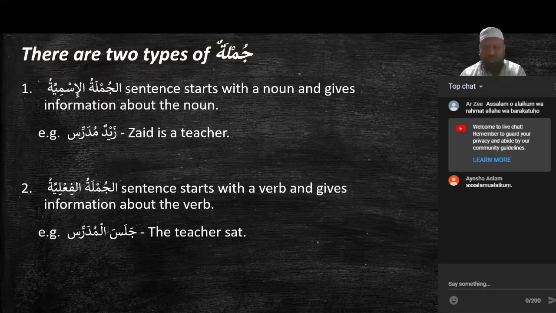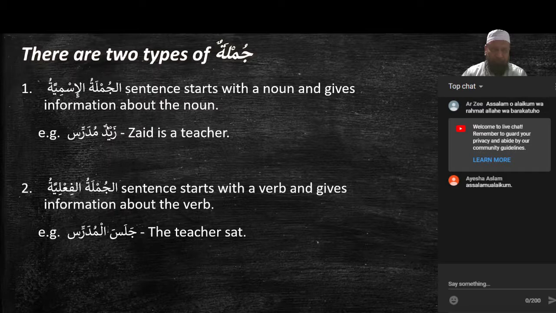There are two types of jumla. Number one, al-jumlatul ismiyatu. Sentence starts with a noun. Sentence starts with an ism and gives information about the noun. See, the name suggests ismiya means starts with ism. So example, Zaydun.